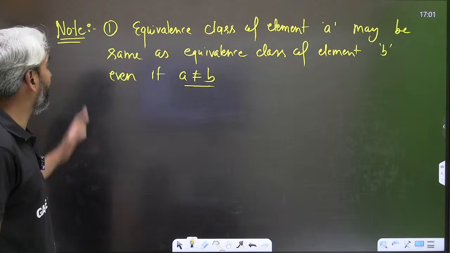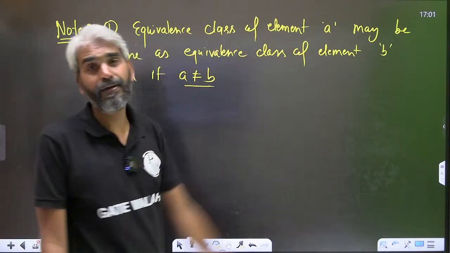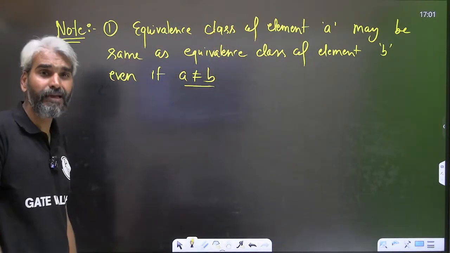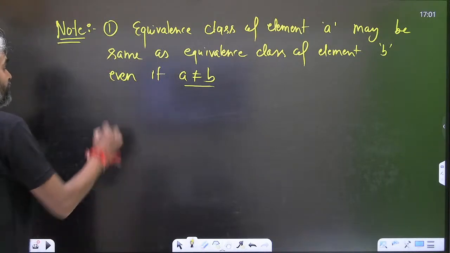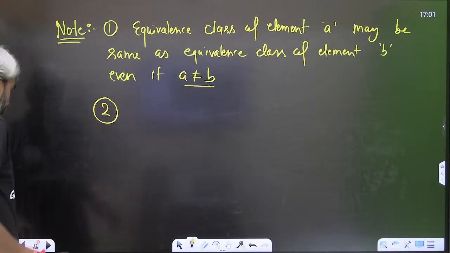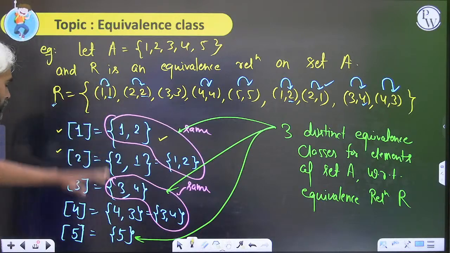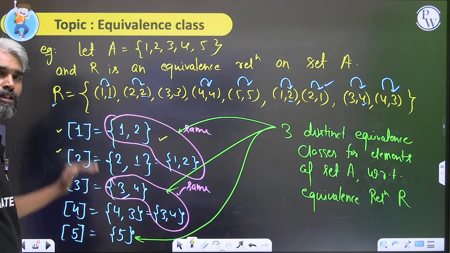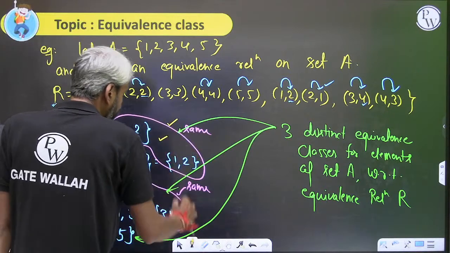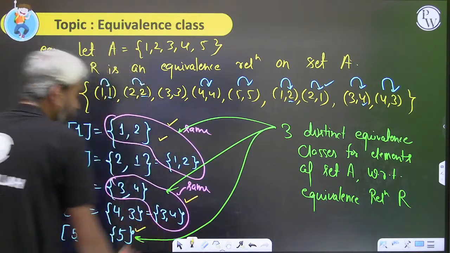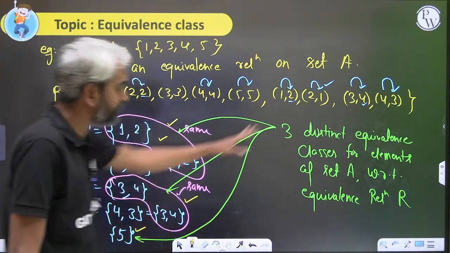So the equivalence class of element A may be the same as the equivalence class of element B, even if A is not equal to B. Second, sir, if you have the equivalence classes for all the elements of set A, then if you create a set of distinct equivalence classes, there are 3 distinct equivalence classes.